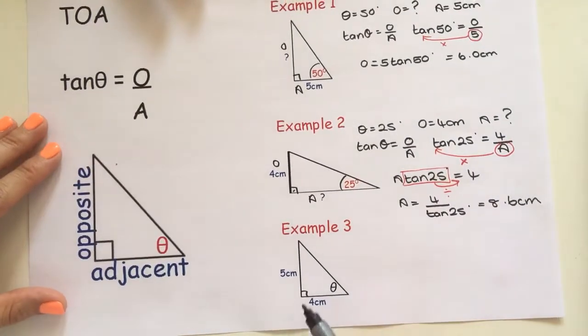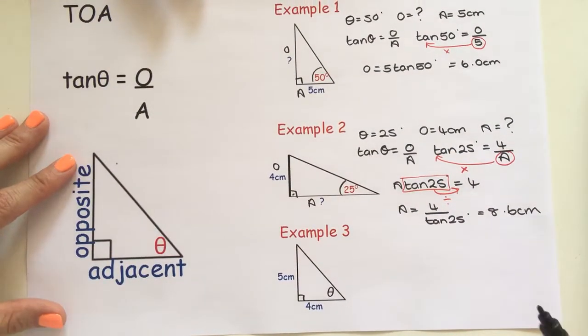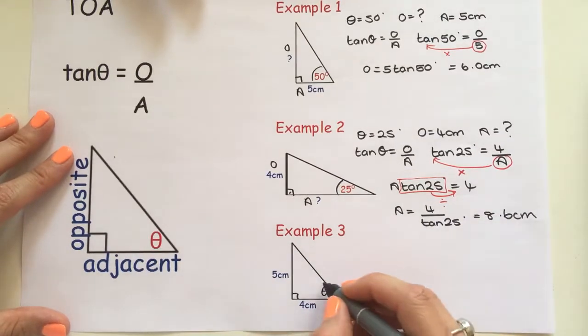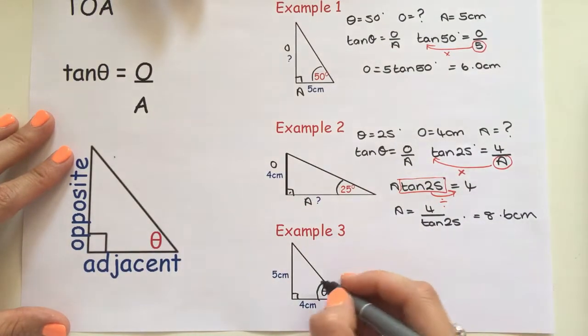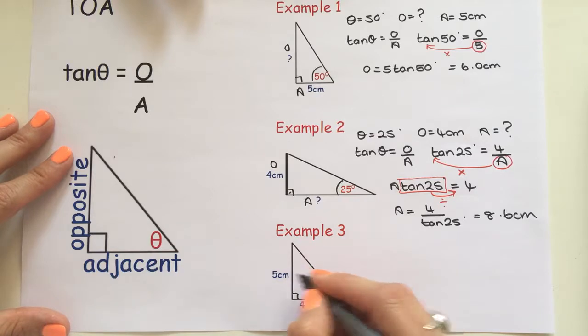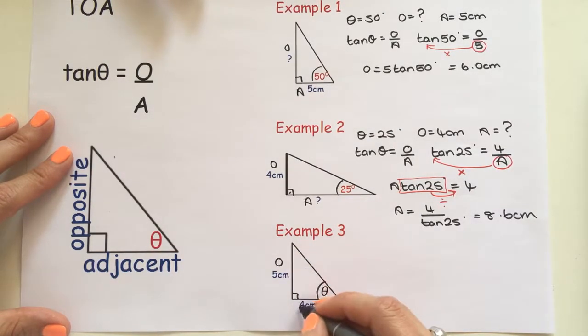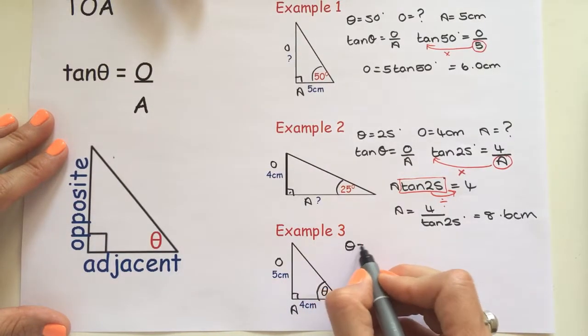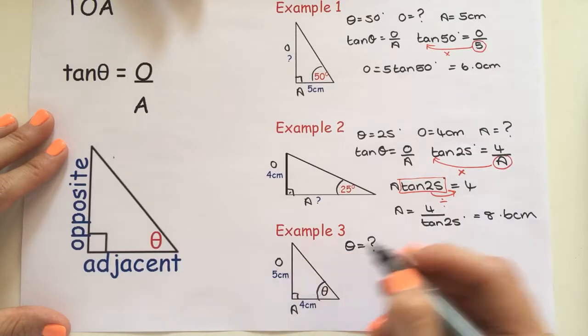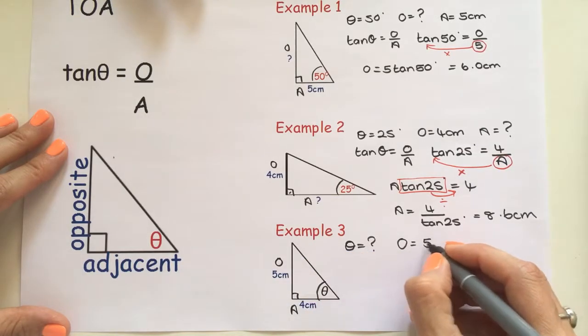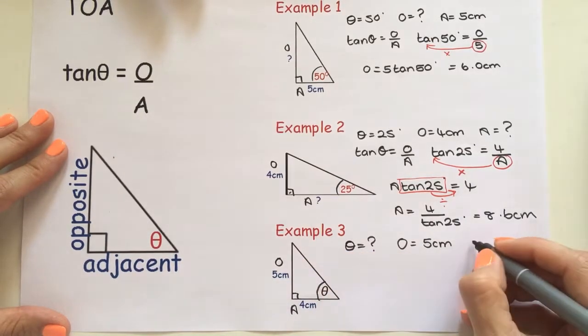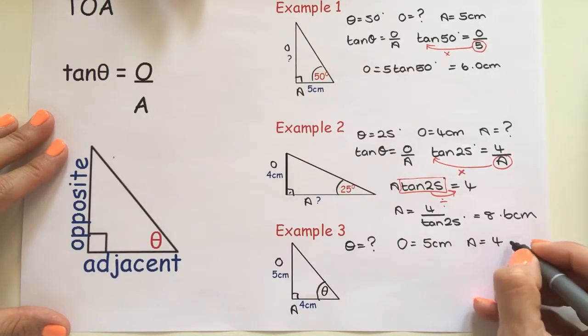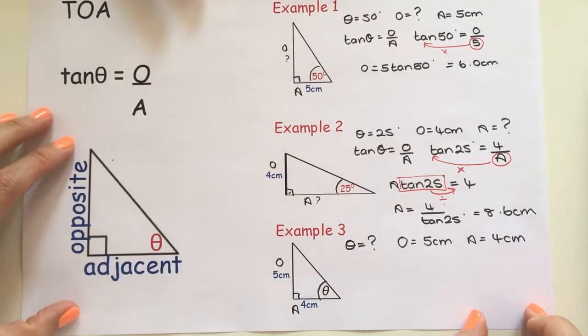So again, start by referencing up your diagram. We're required this time to find the angle, and opposite the angle we're required to find is the O. Next to the angle that we're required to find is the adjacent. So our question involves an angle which we're required to find, the opposite, which is 5 centimeters, and the adjacent, which is 4 centimeters.